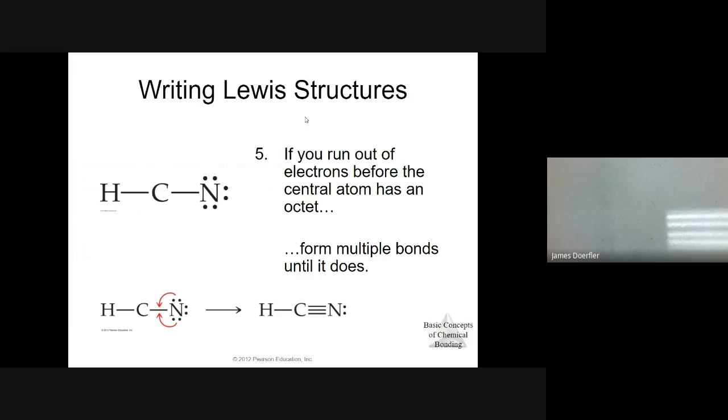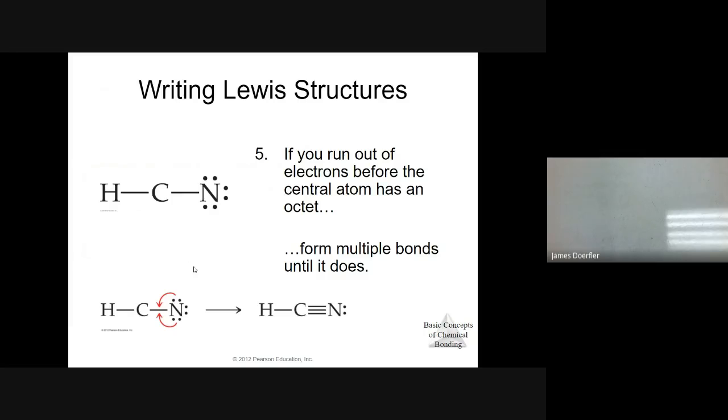As you see here with cyanic acid, we have the Lewis structure where we followed the first 4 steps. But yet carbon does not have a full octet.